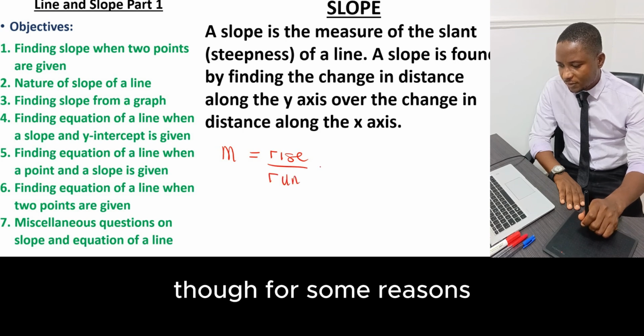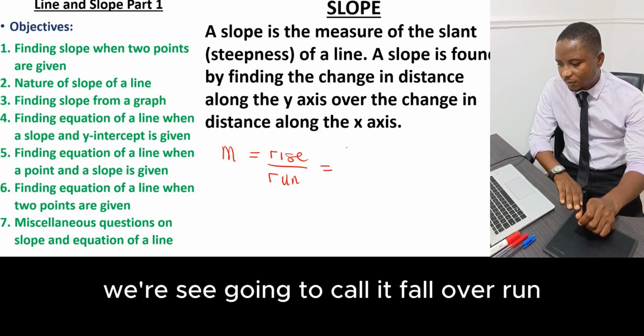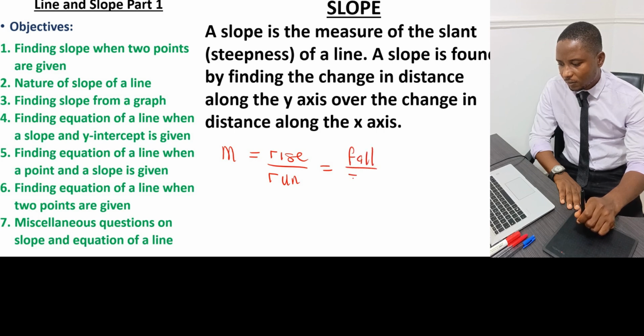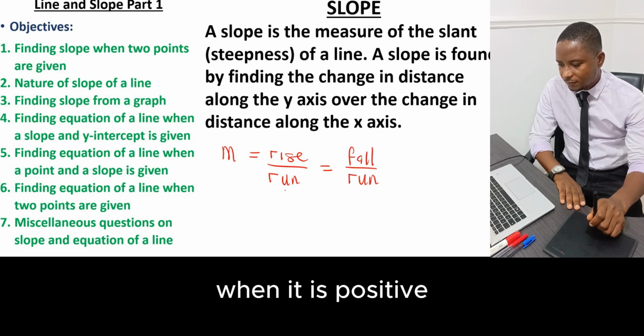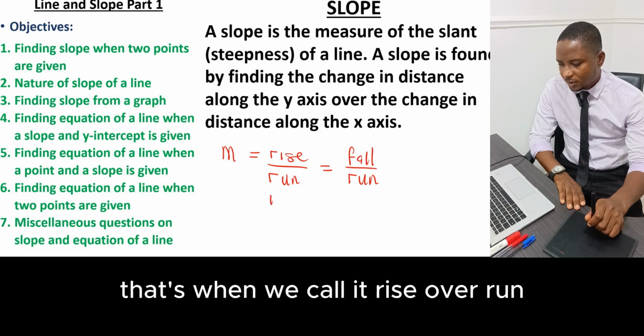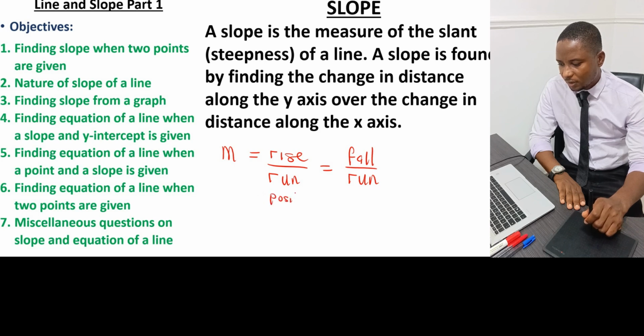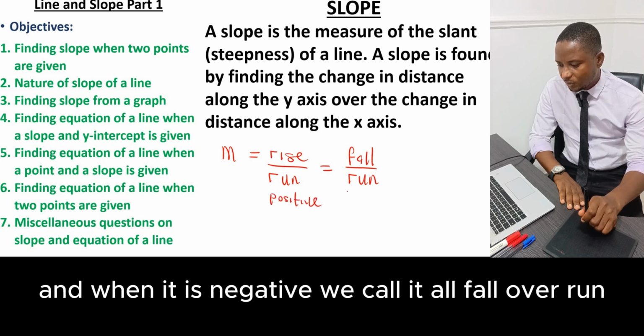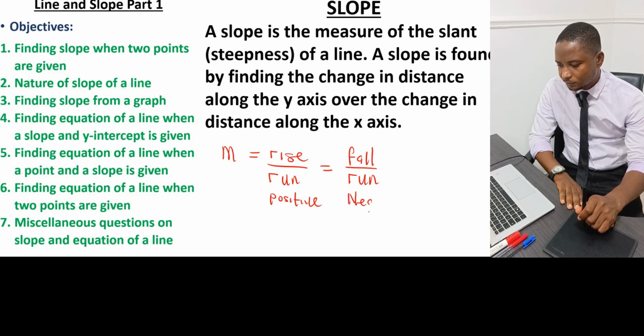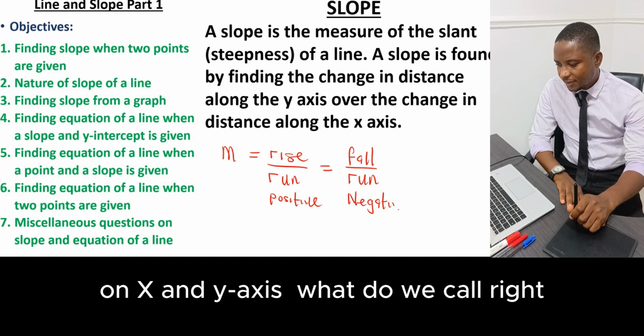Though for some reasons we're still going to call it fall over run. When it is positive, that's when we call it rise over run. And when it is negative, we call it fall over run. On x and y axis, what do we call rise?